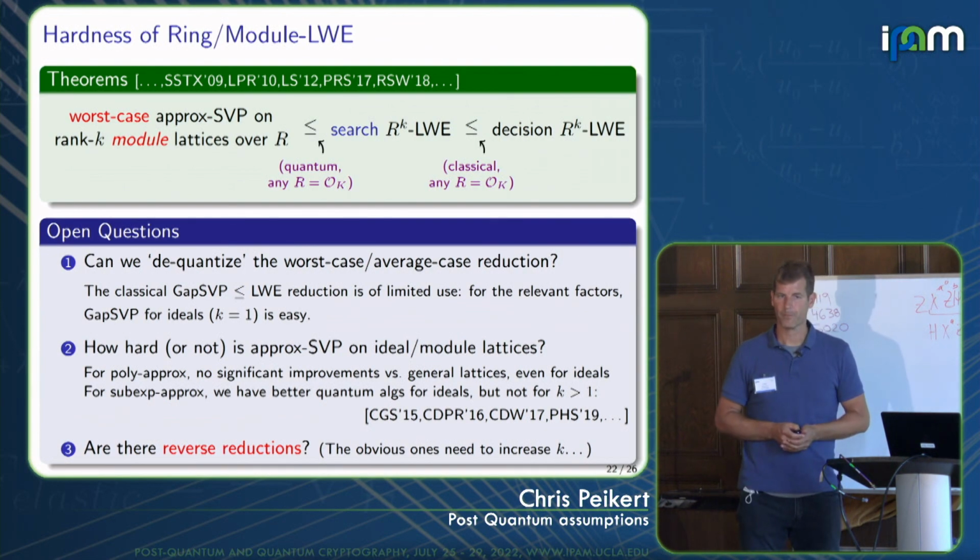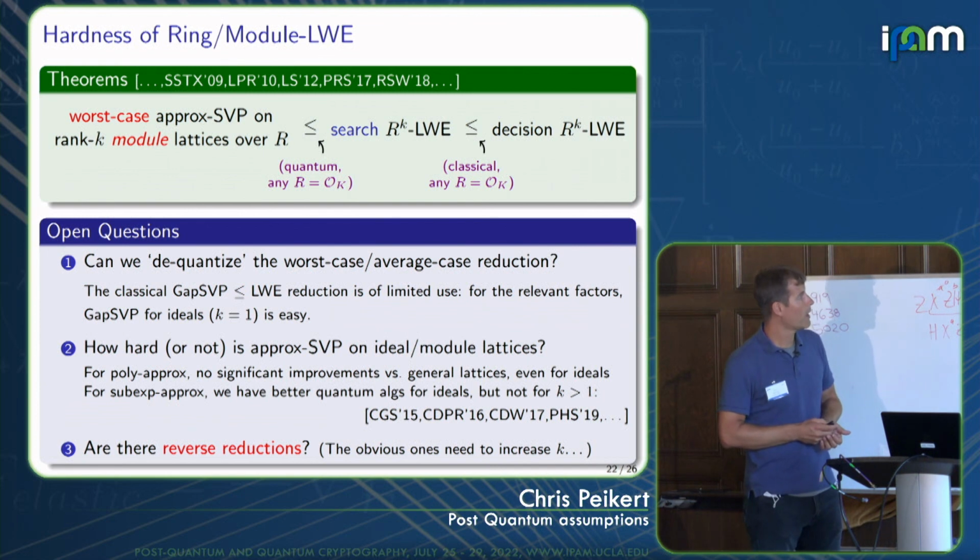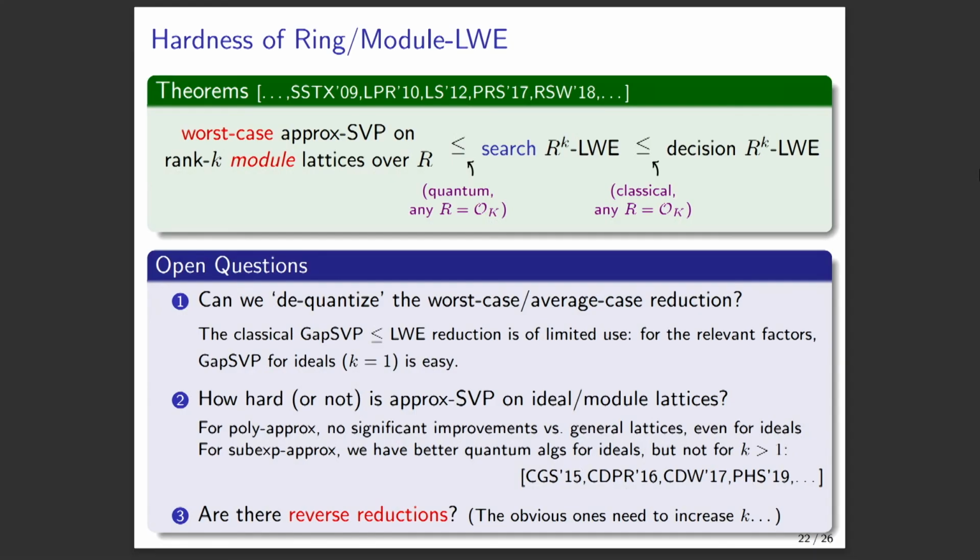And then one more thing I would add is this reduction says search ring LWE is at least as hard as these problems quantumly, but it might be strictly harder. And by all indications, it appears that it is.